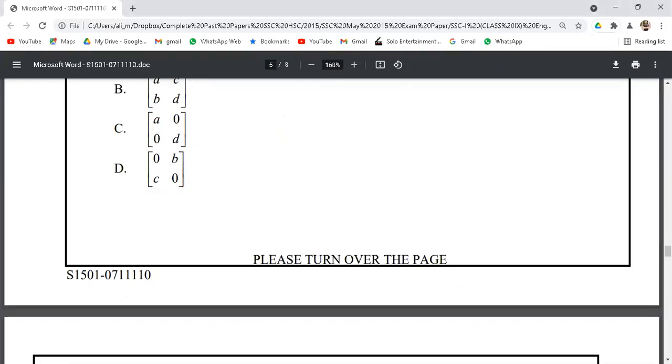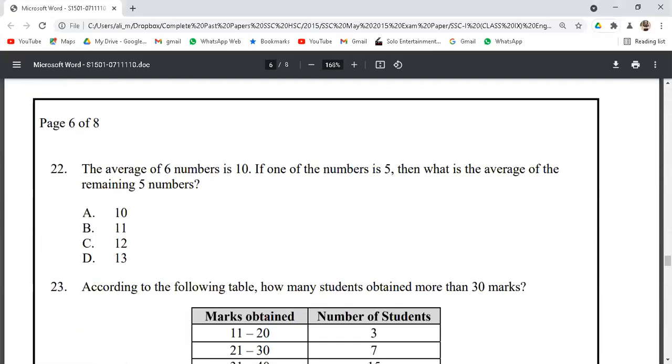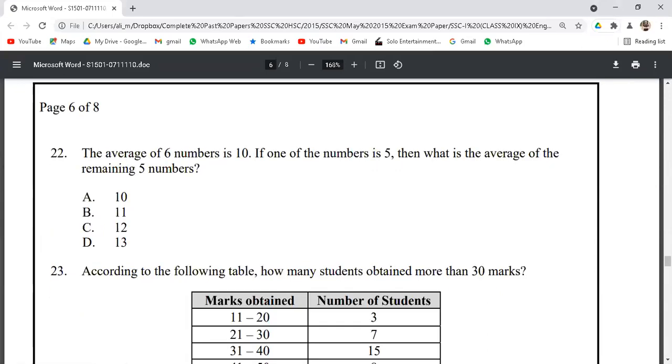Let's move to our next question, that is question number 22. The average of 6 numbers is 10. If one of the numbers is 5, then what is the average of the remaining 5 numbers? So let's say we have the 6 numbers as x1, x2, x3, x4, x5 and x6.